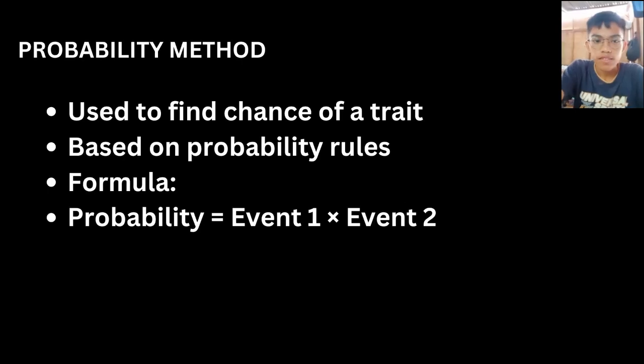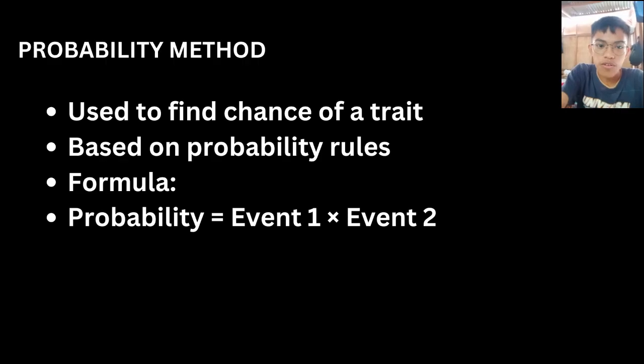So, probability method. So, unsa tinang probability method? Ang probability method kay gamiton kung gusto nimo mahibaw-an ang chance or ang probability sa usa ka specific nga genotype or phenotype. Ang rule ani kay i-multiply ang probability sa matag event.